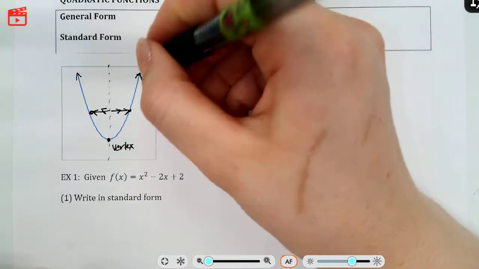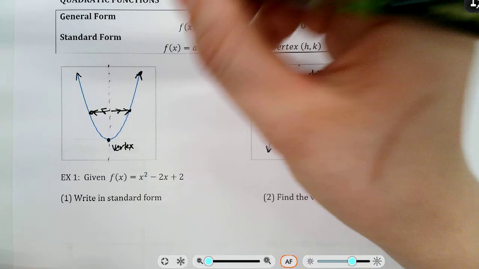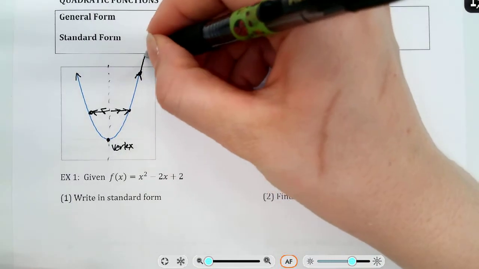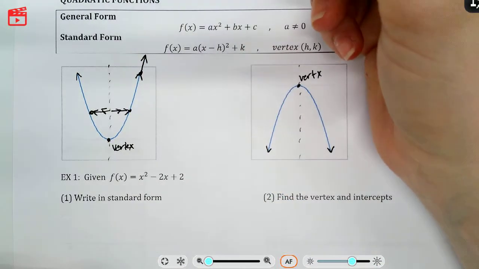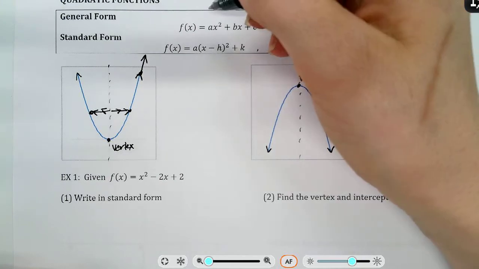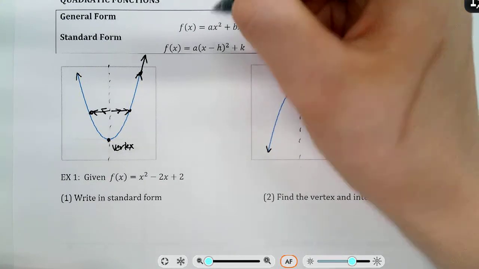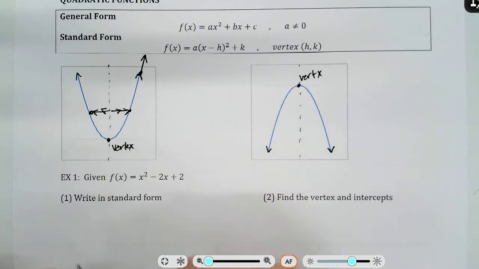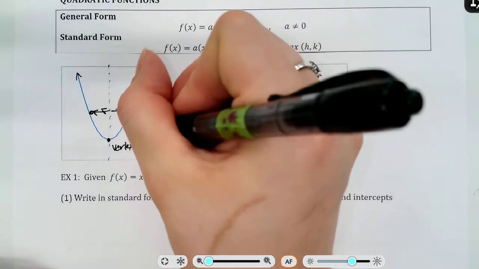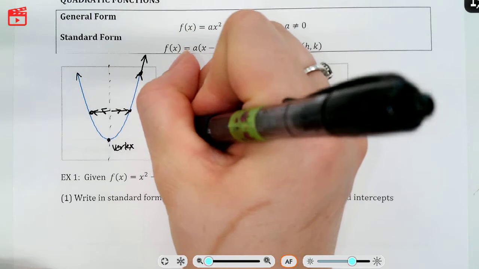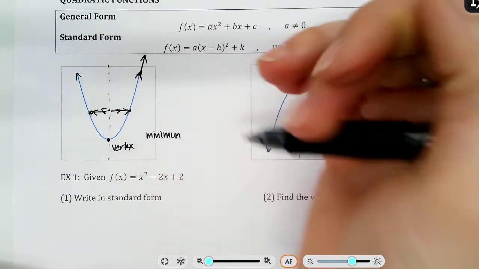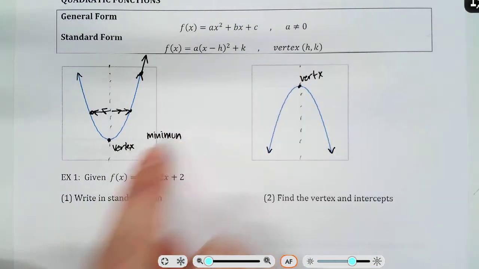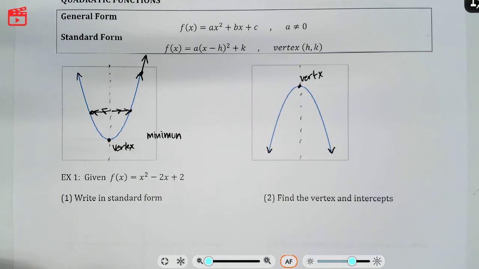You might say this is the biggest, but remember, this still extends upward to infinity. So there is actually no biggest y value, but for the upward-opening parabola there is a smallest y value, and we call this a minimum. So if a parabola opens upwards, it has a minimum value.